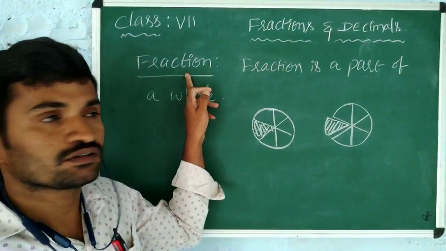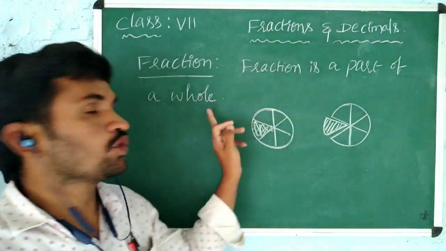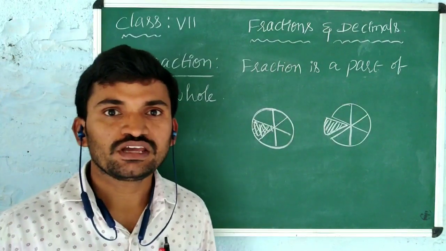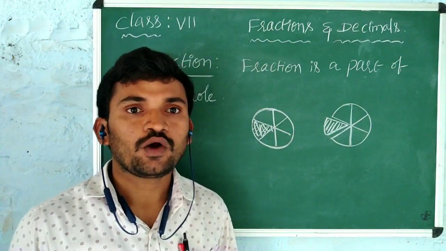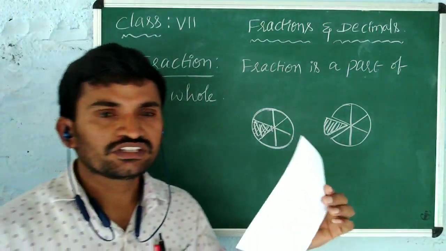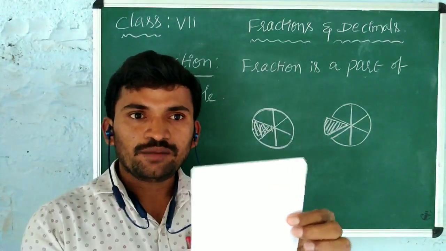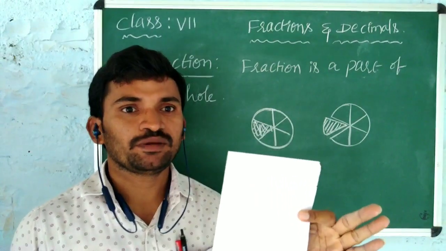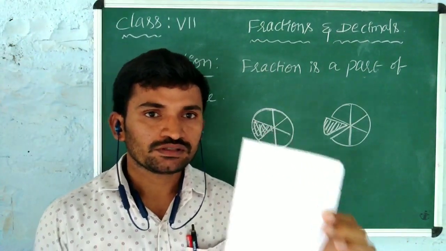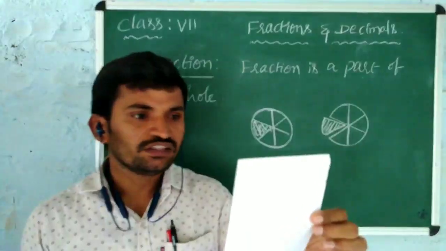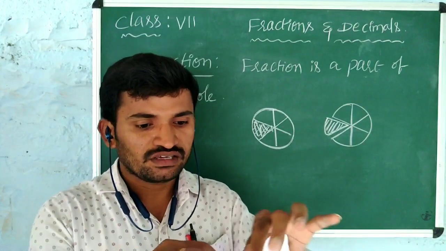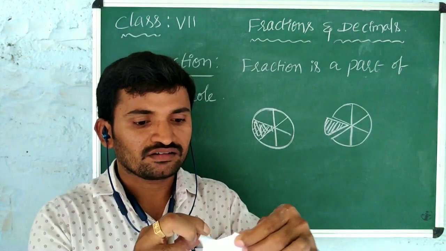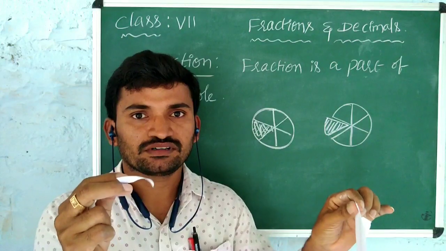What is a fraction? A fraction is a part of a whole. How can we understand? This is a paper. I am thinking it is a whole paper. Whole means one complete paper, one full paper. In this paper, see, I am tearing the paper.